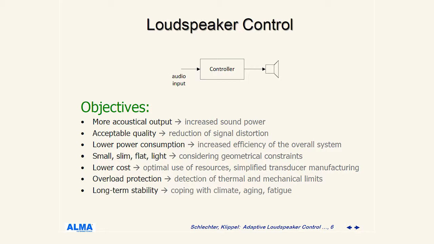We would like to have that sound output at acceptable quality, meaning we don't want too much signal distortion, regular distortion, and also not irregular distortion like rub and buzz. Another objective would be to reduce the power consumption of the loudspeaker if possible. And you would like to have all those with smaller sizes, smaller enclosures, considering all the constraints for marketing and consumers. And we would like to have it at lowest cost possible.